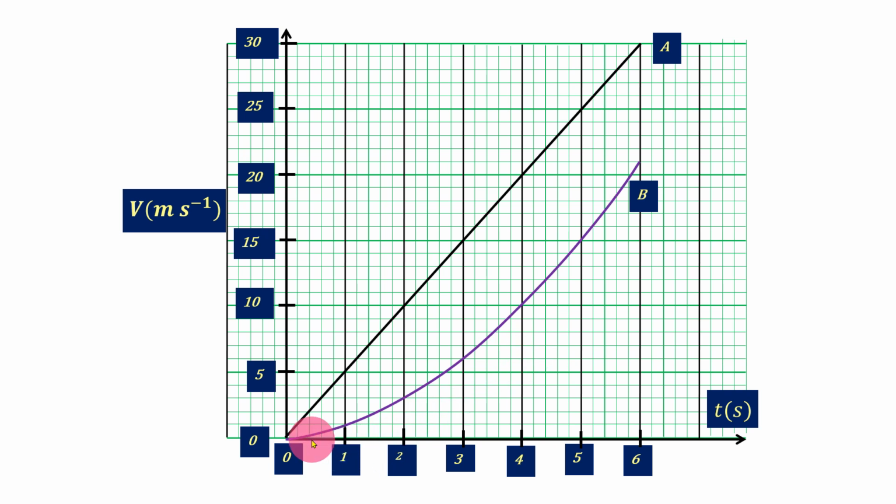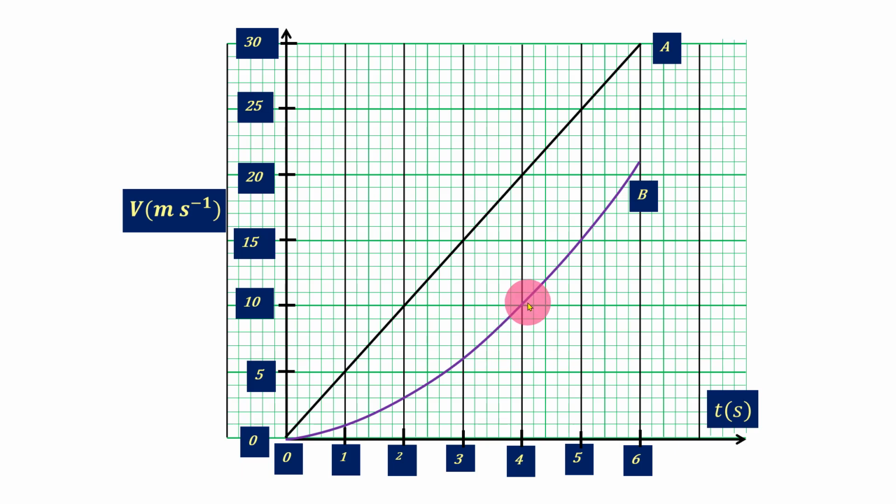You can say that the increase in velocity is increasing. So how would you describe the motion of this object using the term velocity? You can say object B starts from rest and moves with a velocity which is increasing at an increasing rate.